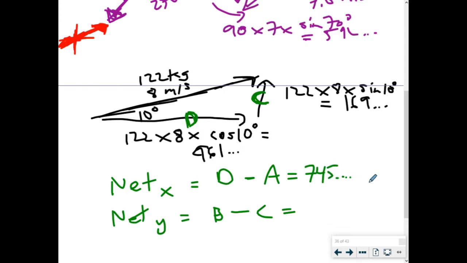And I may as well just keep storing these values so that I never lose track of them. So I'm going to call this one now E. I'm going to store this one as letter E. And if I take B minus C, I have a difference of 422. And again, I should save all these numbers in my calculator, so I'm going to store this as F.